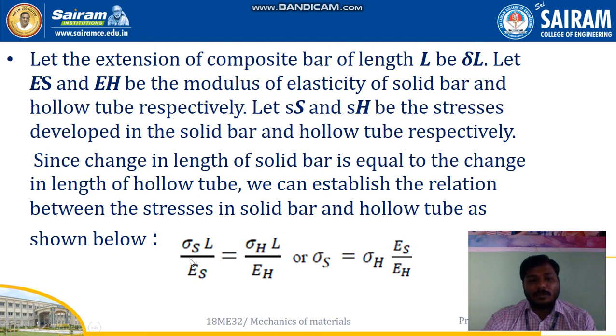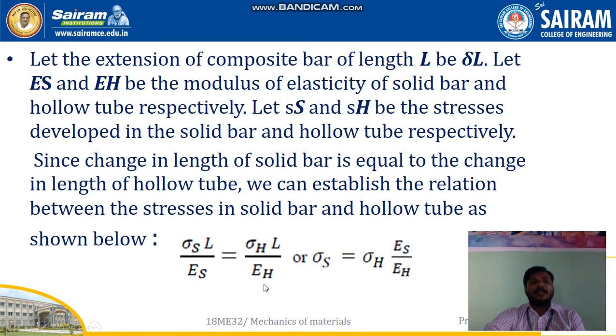That is, as shown below, the stress in the solid bar, into the length, divided by the modulus of elasticity of the solid bar, will be equal to the stress in the hollow tube into the length, divided by the modulus of elasticity of the hollow tube. Directly by equating this, you can write the stress in solid, that is sigma s, equals sigma h by Es into Eh.